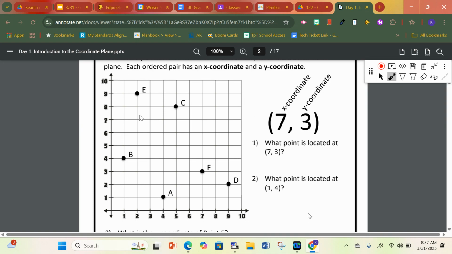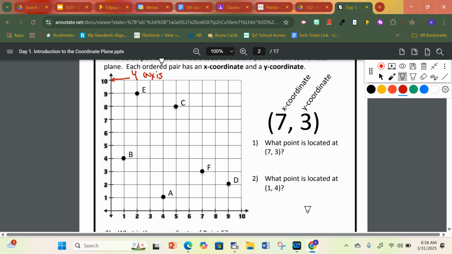Right here, this line that goes up and down, that goes vertical, does anybody know what that vertical line is known as? Ariel. Okay, this line right here is known as the y-axis.